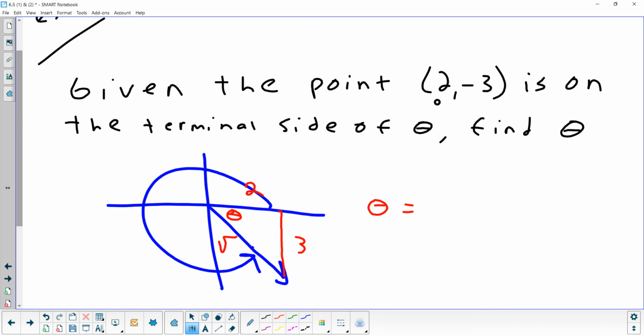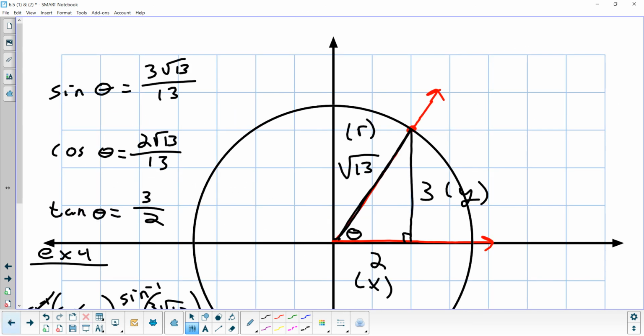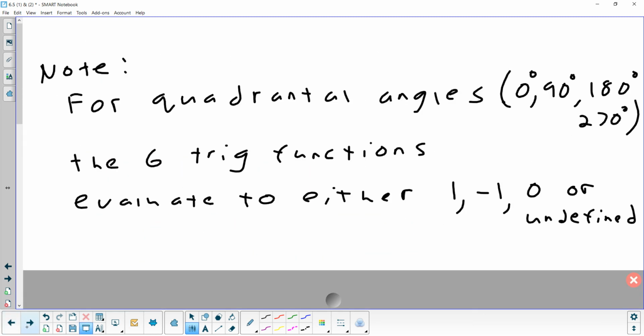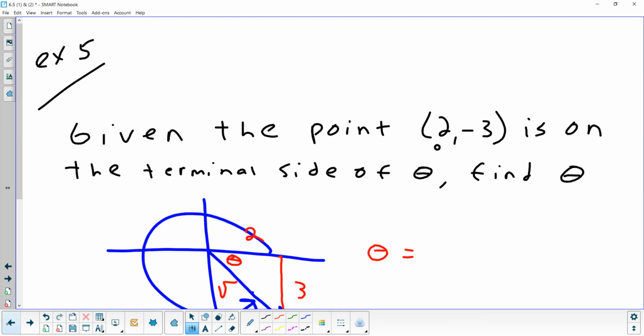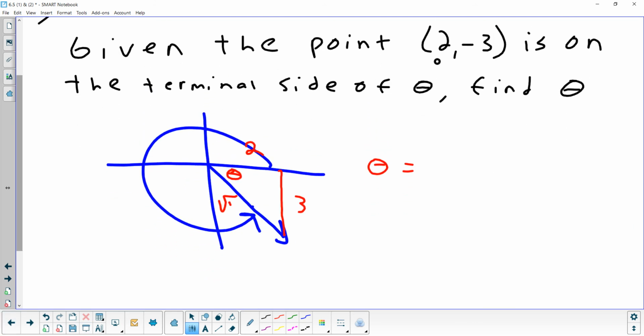Yep. It's the same triangle we had before, it's just rotated into a different quadrant. It's the 2, 3 triangle. So it's still square root of 13.